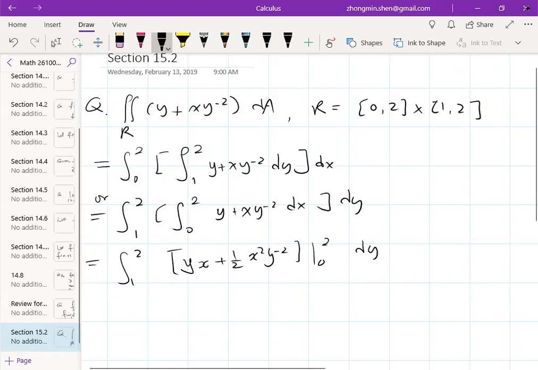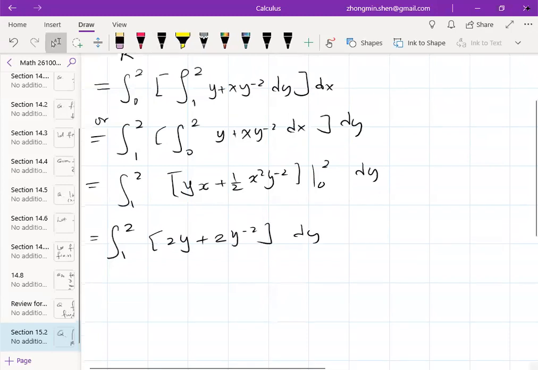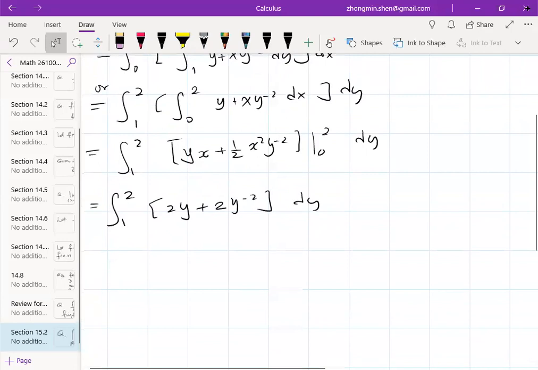Now plug 2 in for x: I get 2y, and 2 squared over 2 is just 2. When you plug 0 in for x, you get 0, so you only have one term. Then you only have a function of one variable.